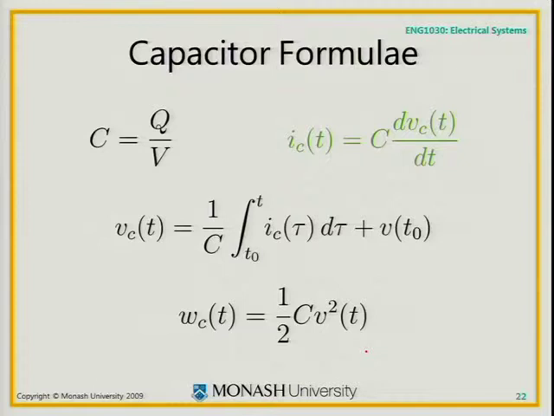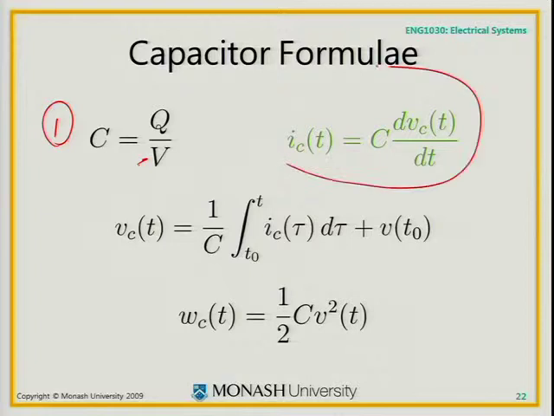Beautiful. Here are the 4 things we've seen about capacitors. 1, C equals Q divided by V. Big capacitors can store a lot of charge for the same voltage across the plates. Nice way to think about it. The more charge for the same voltage, the bigger the capacitance.